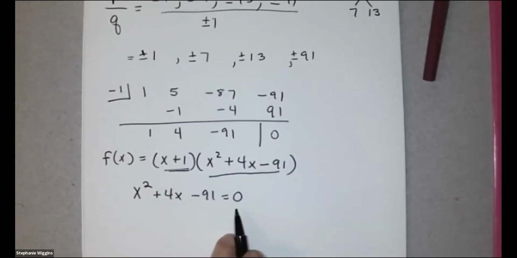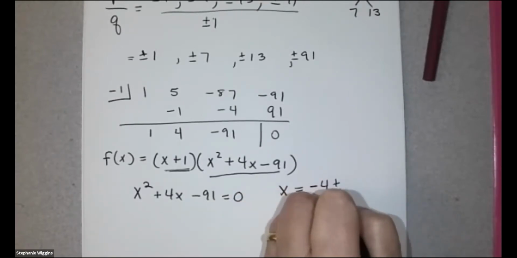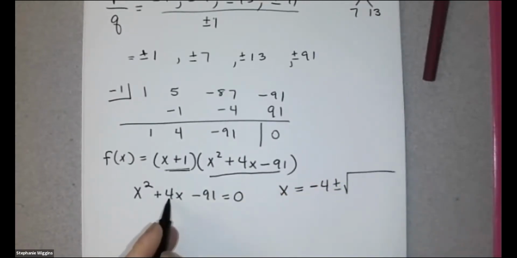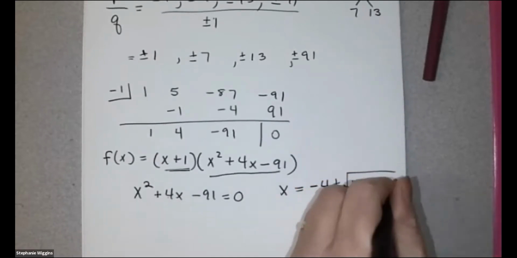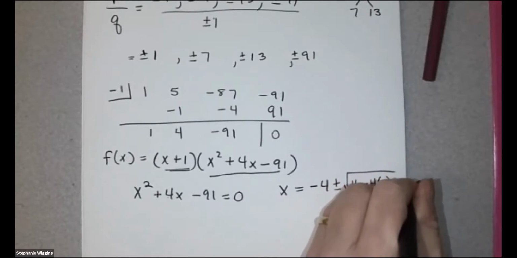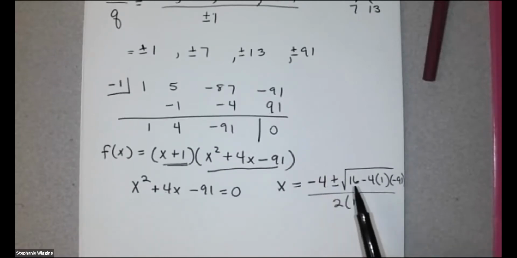And to solve this, because I want to find what x values give me 0 when I plug it in, I use the quadratic formula, so that becomes minus 4 plus or minus the square root of b squared, which is 16, minus 4 times a, which is 1, times negative 91, over 2 times 1.